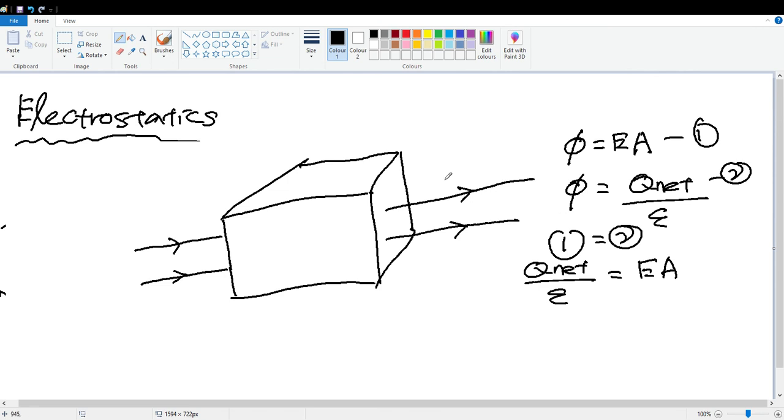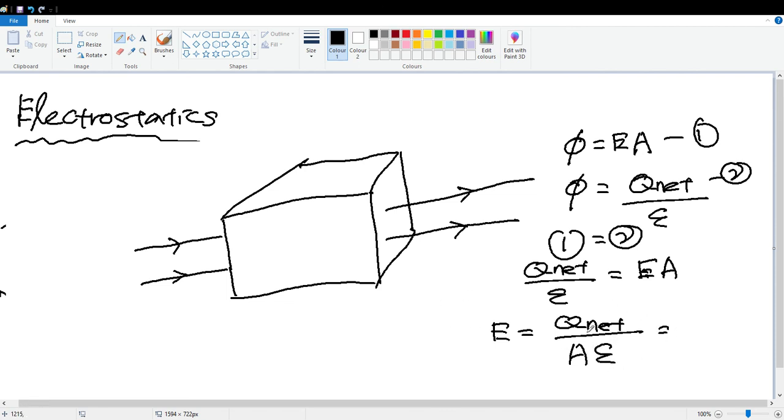Since this conductor is no longer a spherical conductor, I just leave the surface area as A. So the electric field strength of this cubic conductor is Q net divided by A over epsilon.